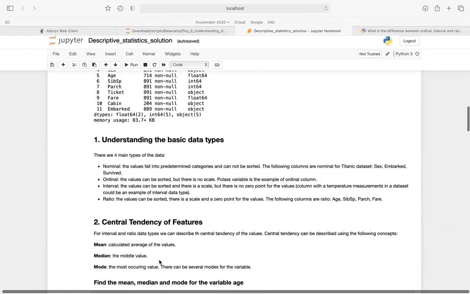Sure. Till the time, everybody else can try this, can we find the mean, median, and mode for the variable age? Can everybody try this?